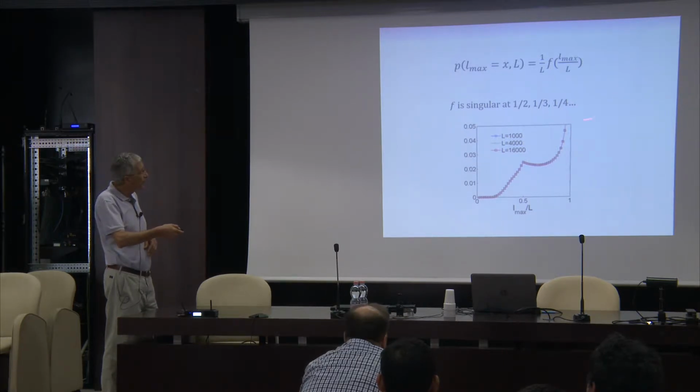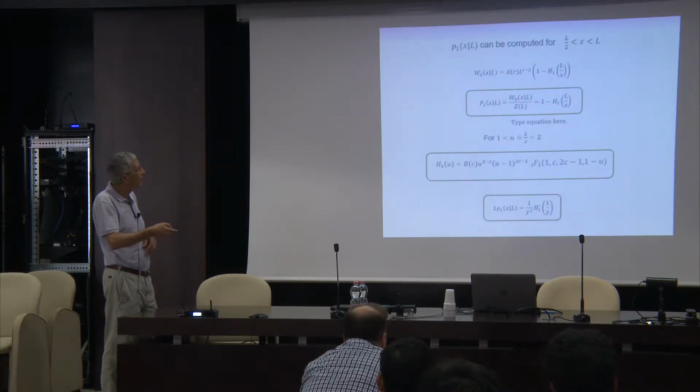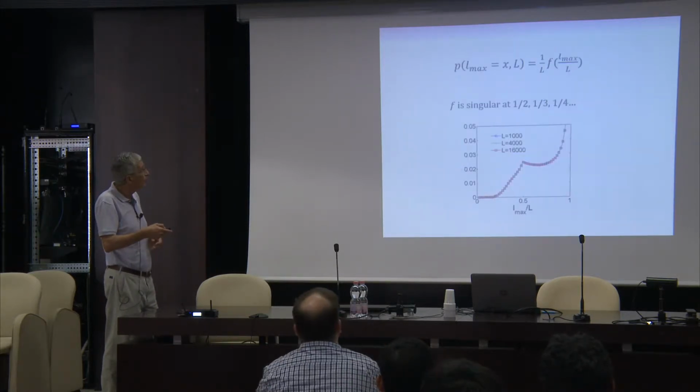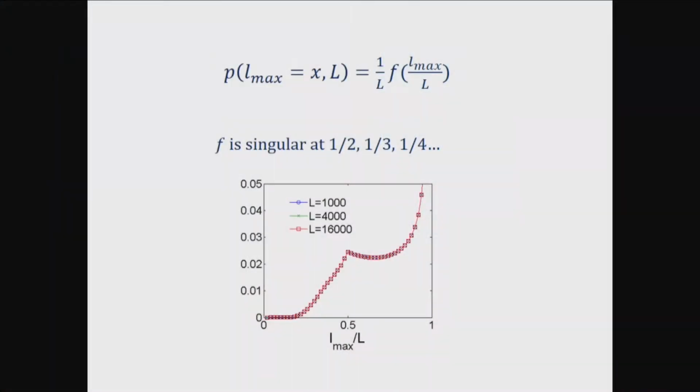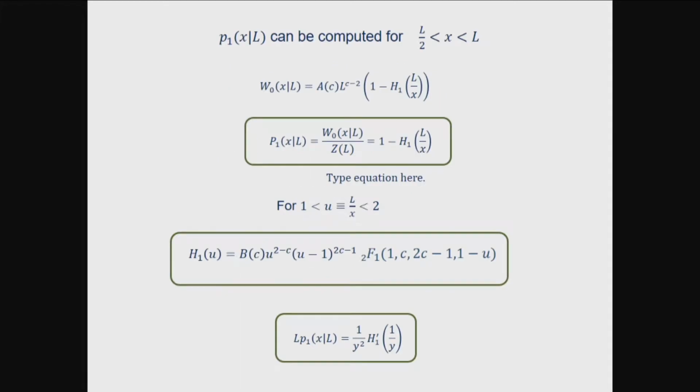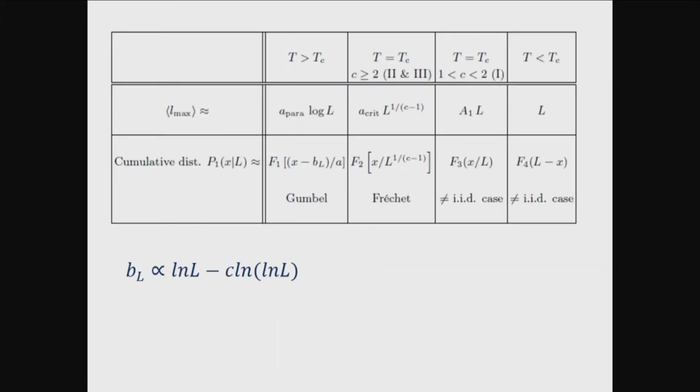By the way, this part of the curve between a half and 1 can be calculated exactly. It's given by some hypergeometric function. The other ones are done numerically. So basically, that's the table that summarizes everything.